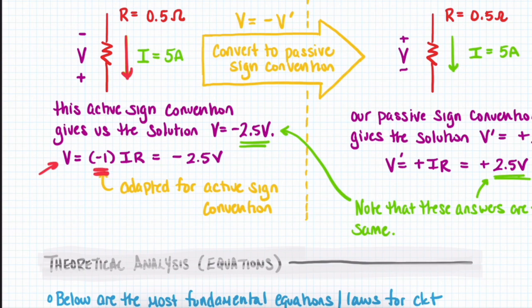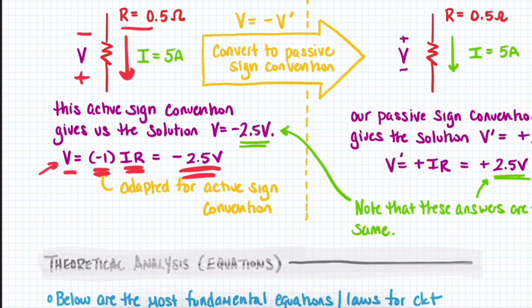However, we have to make sure to insert this additional -1. So if we have V as negative positive, we have our current flowing downward with a magnitude of 5 amps, and our resistance is 0.5 ohms. We see that V equals -1 times IR equals -2.5 volts.